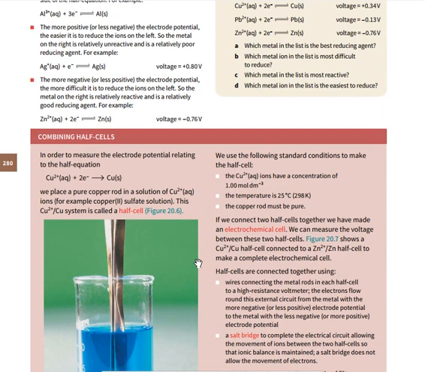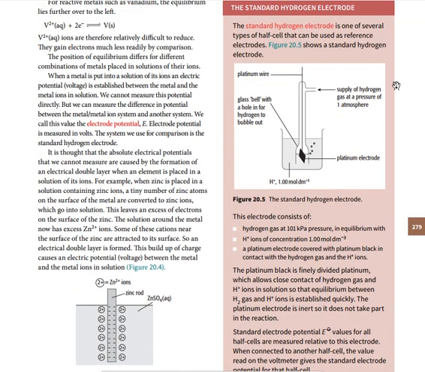So now let's see what the hydrogen electrode is made up of. This is the hydrogen electrode. It is made up of a platinum wire with a platinum plate and platinum rods, inserted in a solution of hydrochloric acid, a solution of hydrogen ion, and that solution contains 1 mole per dm cube of hydrogen ion.